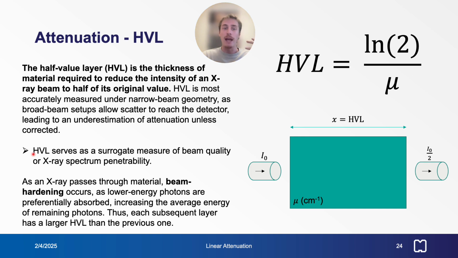So this HVL serves as a surrogate measure of beam quality or X-ray spectrum penetrability. As an X-ray passes through material, beam hardening occurs, as lower energy photons are preferentially absorbed, which effectively increases the average energy of the remaining photons. So each subsequent layer has a larger HVL than the previous one.